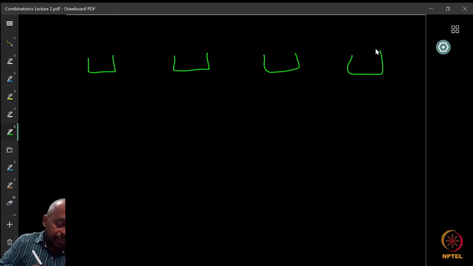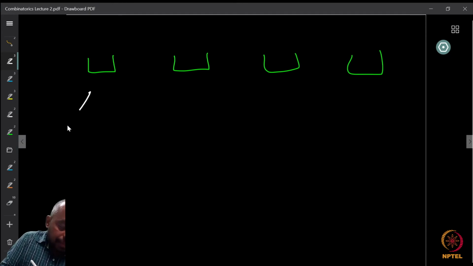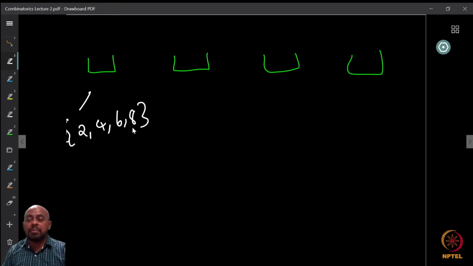Now, in the first position, you are only allowed to use even digits. So what are the even digits? Like 0, 2, 4, 6, and 8, right? But 0 cannot be used in the first digit because we are talking about numbers. It's not a string, right? So therefore, we are not allowed to use 0. So we can use 2, 4, 6, 8, right? Any of these numbers we can use here.